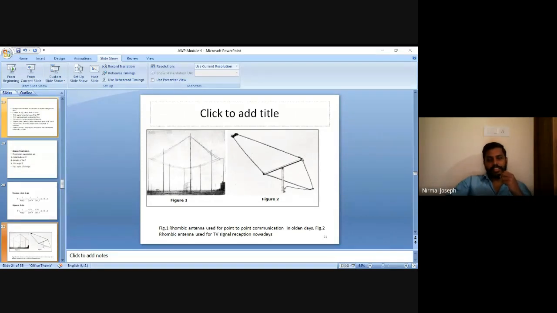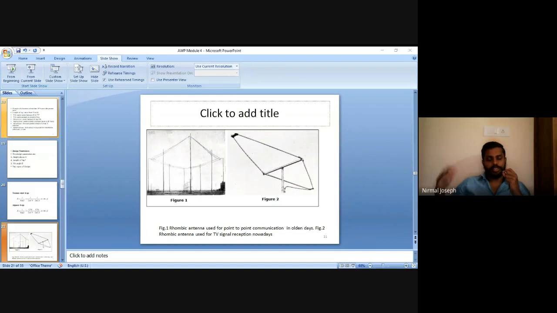Higher frequency means smaller wavelength, and the wavelength determines the length of the antenna legs. In olden days we were not able to use higher frequencies, so we had to keep the antenna legs as large as possible. To achieve a minimum of 2 lambda length, we had to stretch the antenna to 50 to 100 meters.